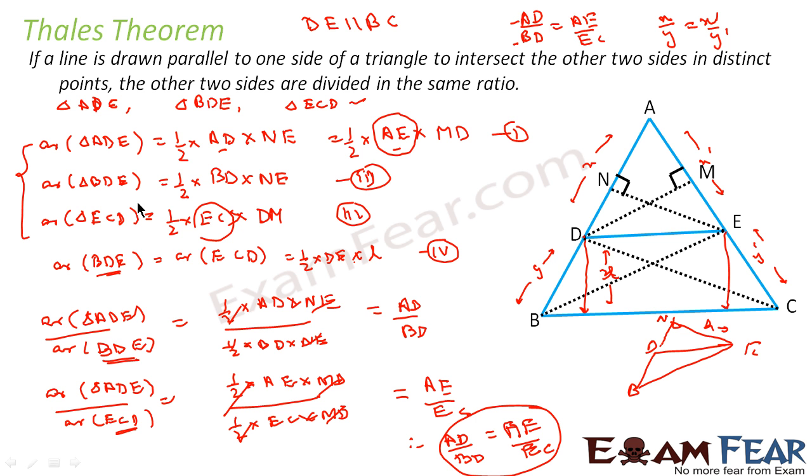To get AD by BD and AE by EC, we have to divide accordingly. To make it equal, we have to prove that area of BDE is equal to area of ECD. We observed carefully and saw that area of BDE is actually equal to area of EDC, that is 1 by 2 into D into L. And thus we have proved that AD by BD is equal to AE by EC.